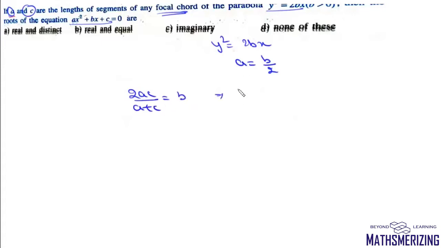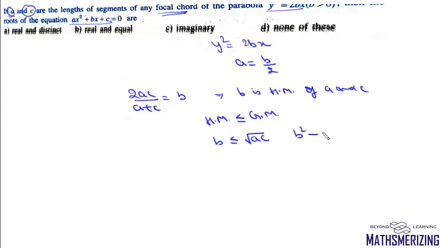So from here we can say b is simply the harmonic mean of A and C. We also know that the harmonic mean is always less than or equal to its geometric mean. So b is less than or equal to under root of AC. So we can write b square minus AC is always less than or equal to 0.